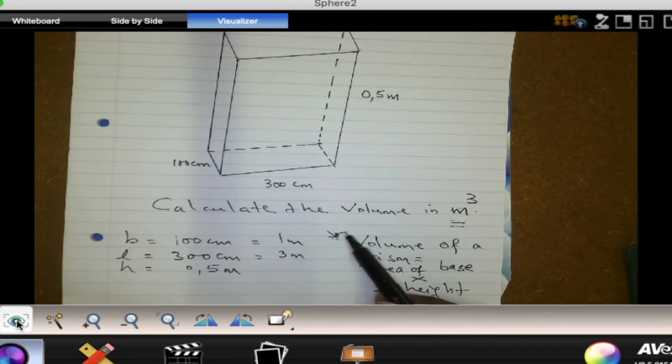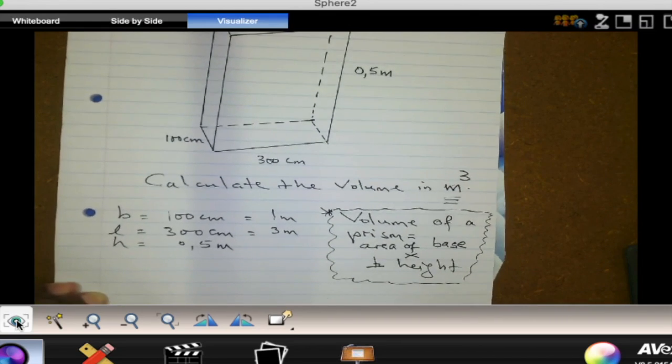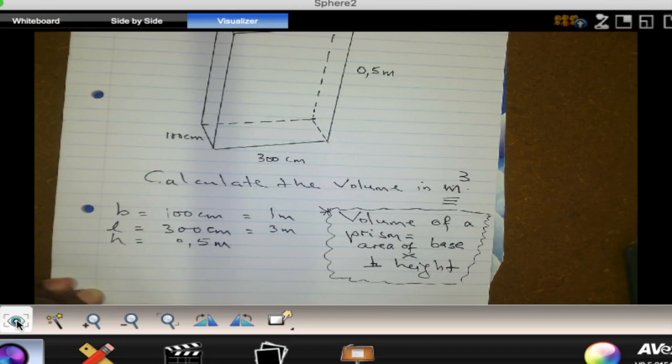Right, guys, you may need to learn that straight away. For every prism, the volume is found by multiplying the area of the base. So you'll need, first of all, to work out the area of the base, and then multiply that by the perpendicular height.